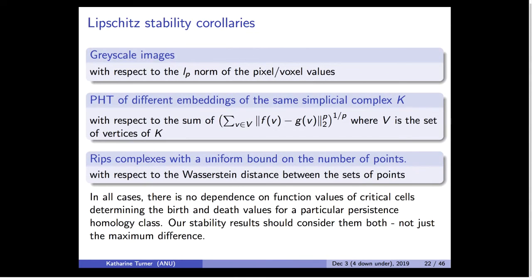The exact number may not be 12, but there are concrete numbers, and that's independent of the number of points. It's basically to do with how much local behavior you can have around a single point. If you were to shift it, only so many critical cells, so many points in the diagram, are going to contribute to that difference in the Wasserstein distance between the diagrams. So certainly there's some work towards that.